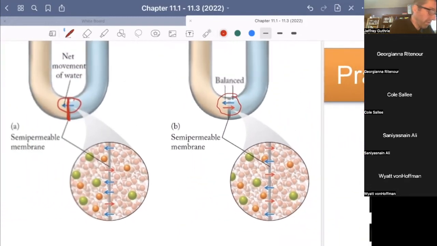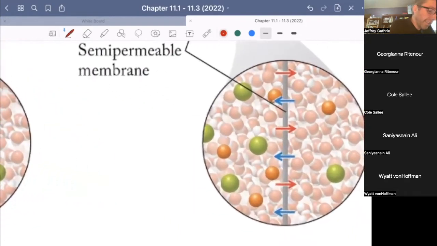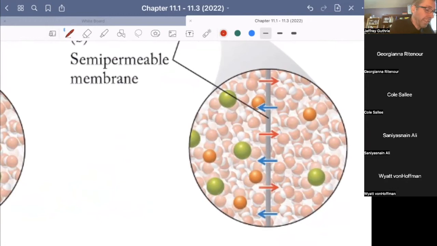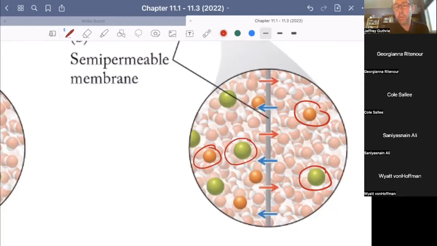Now, I would say this is not a good depiction of it, because I'm looking at it now. If you're considering these as salt ions, this is probably sodium and that's probably chloride, because that's usually how those are colored. But this should show equal amounts of salt on both sides of that membrane.